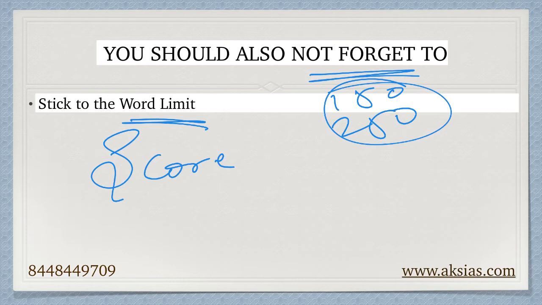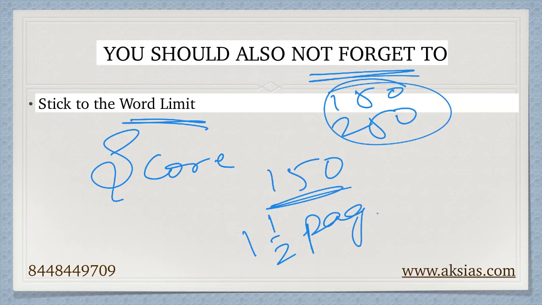A general thumb rule which can be helpful in the exam hall regarding sticking to the word limit is that if the question has a 150 word limit, then the answer should be written within 1.5 pages. That is 1.5 pages. Usually you can measure this by the A4 page size.